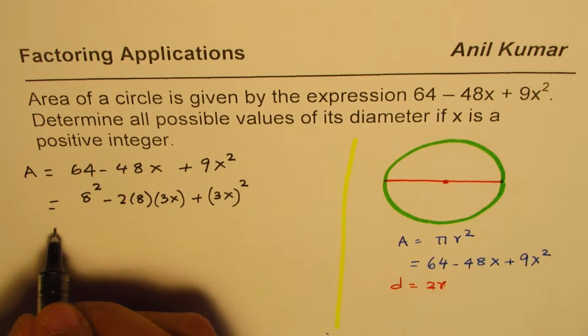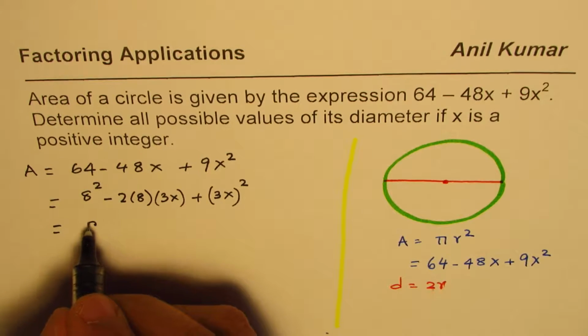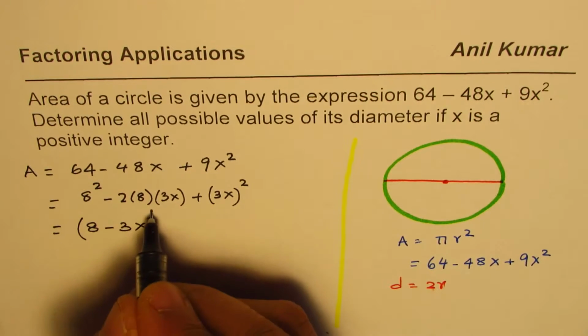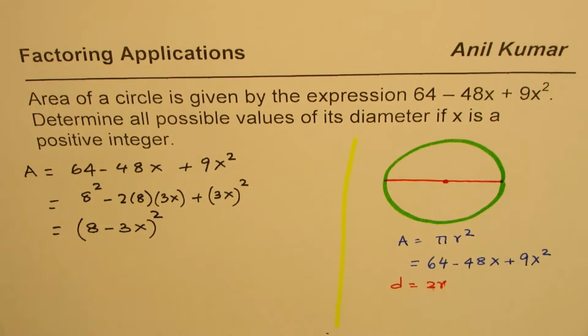And so we could actually factor this as 8 minus 3x whole square. So we get area as 8 minus 3x whole square.